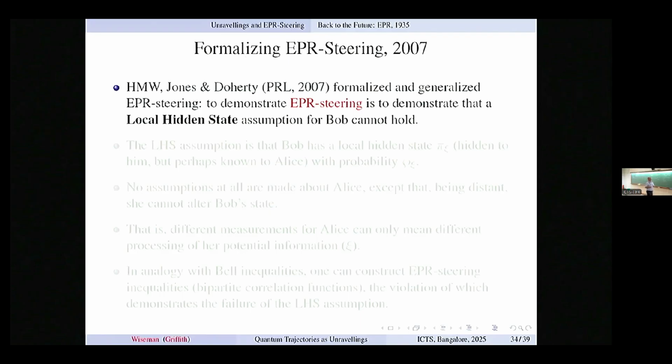But this is going to be useful if we're going to think about real measurements. So I might stop there and continue from this point in the next lecture, and explain how we can use this formalization of EPR steering to actually design experiments to try to rule out objective pure state dynamical models, and leave a little bit of time for questions.